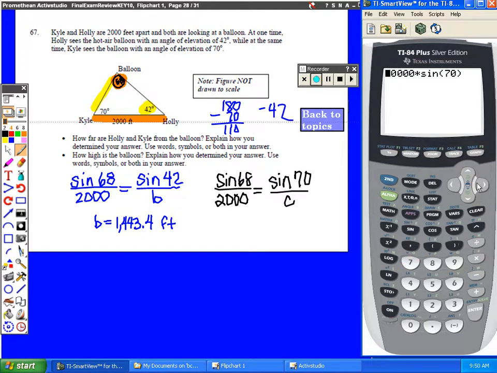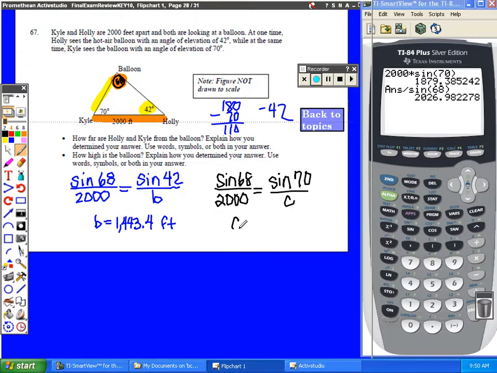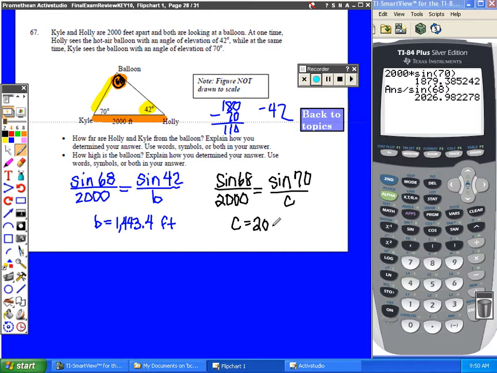Oh, nice. And then I'm going to divide that by the sine of 68. It looks like side C is equal to 2027? 2027 feet.